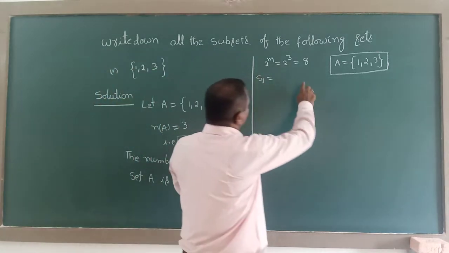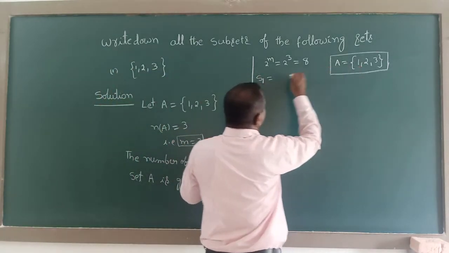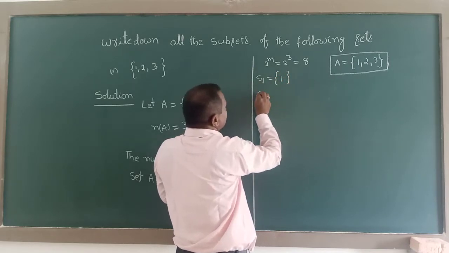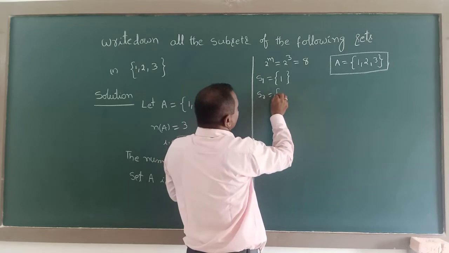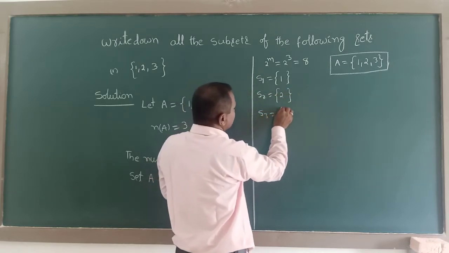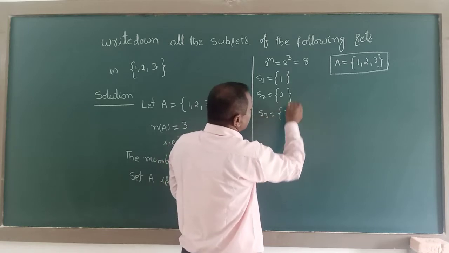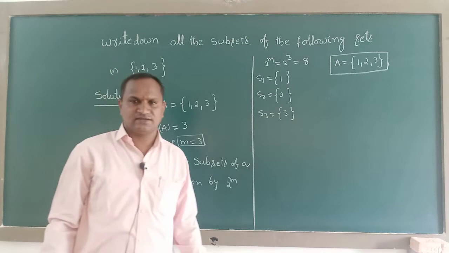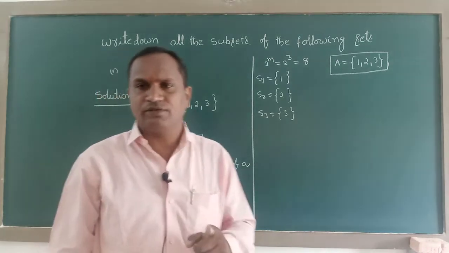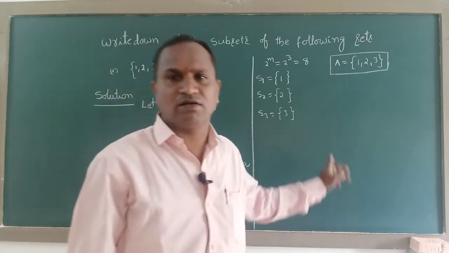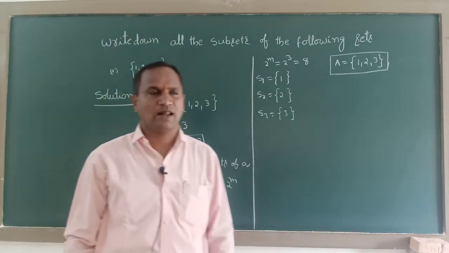S1 is the element 1. Next S2, another element 2. S3, another element 3. Like that, taking 1 at a time, we get 3 subsets. For each and every element, we get 1 subset. All these are called singleton sets.